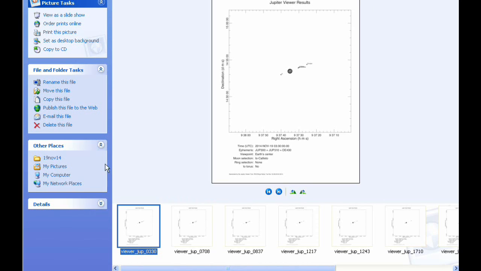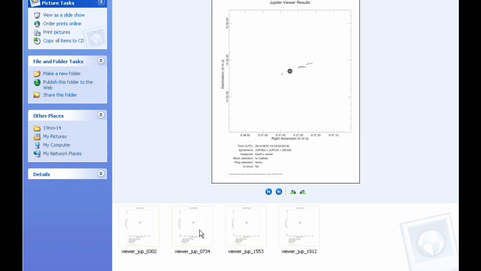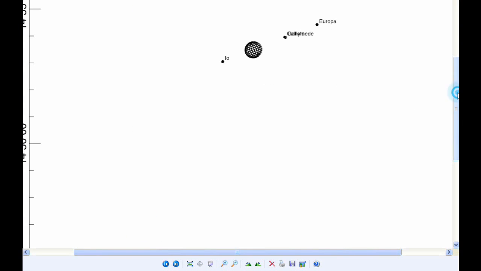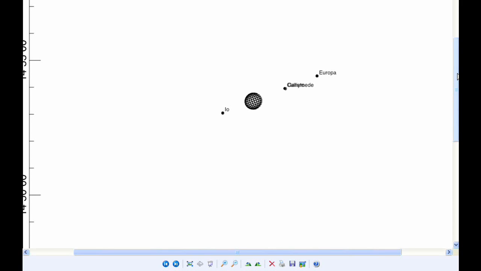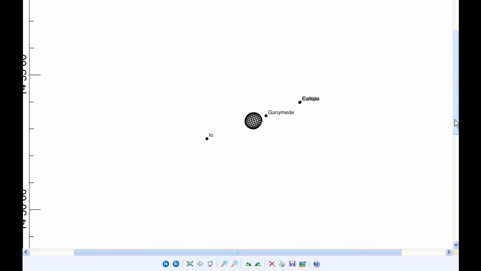There are 4 mutual satellite events today. The first is at 3:02 UTC when Callisto occults Ganymede. At 7:34, Callisto occults Europa.